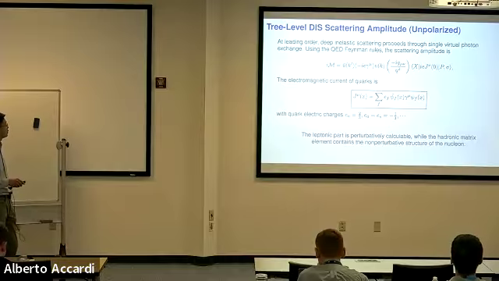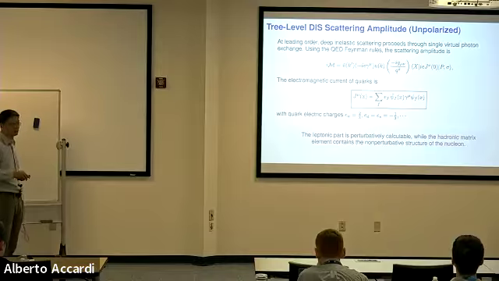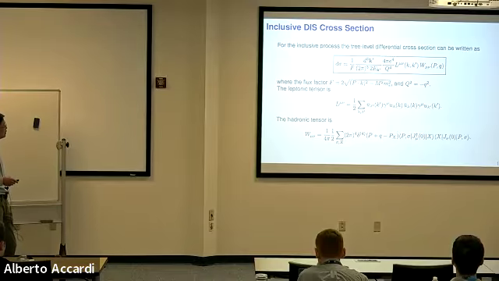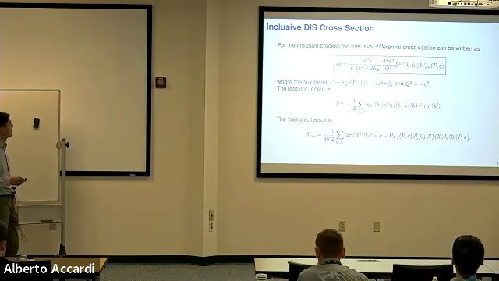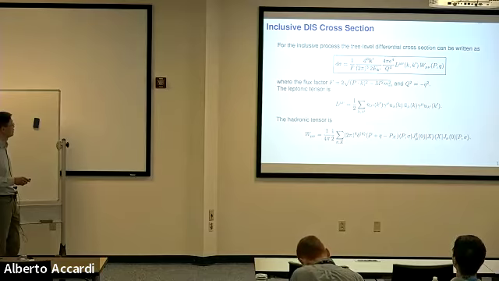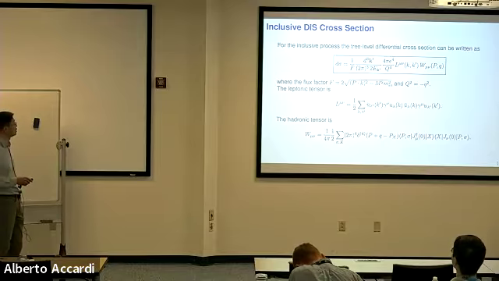The leptonic part is simple because it's QED, so we can do the calculation. But the hadronic part, the part that involves the proton and the final state, is generally non-perturbative. We'll see how to deal with this quantity. If this is the amplitude, you square the amplitude, add the final state integration measure, and divide by the flux factor, and you get the differential cross section.